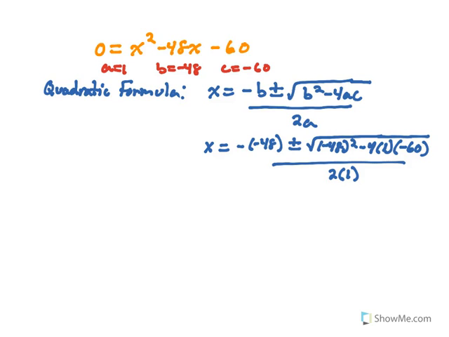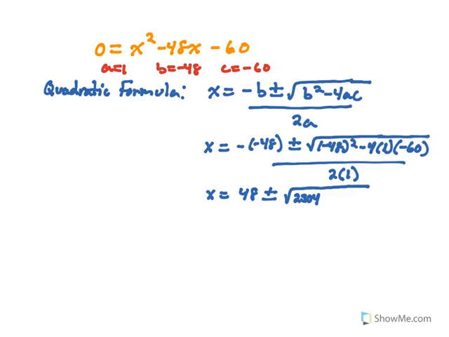So this is going to be positive 48 plus or minus the square root of, and let's calculate that on a calculator to speed up the process. 48 times 48 is 2,304, because a negative and a negative is a positive.